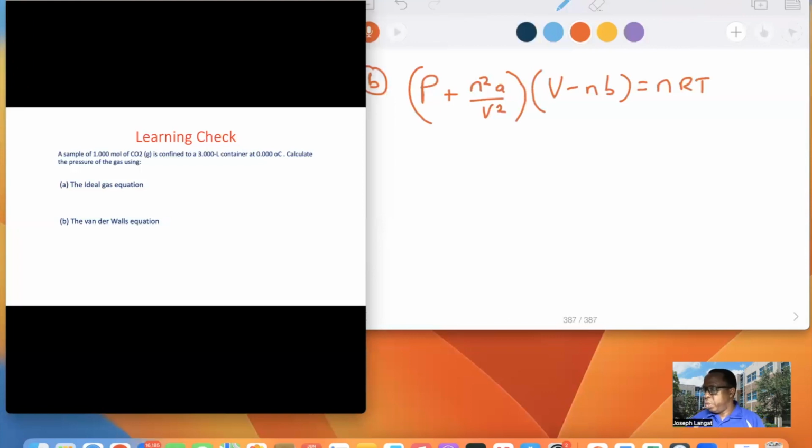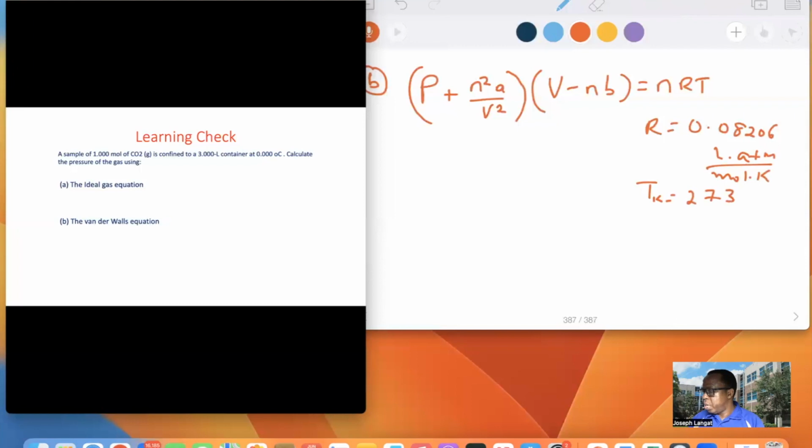Where R we know is 0.08206 liters times atmosphere over mole times Kelvin. That is the universal gas constant. Temperature in Kelvin is 273.